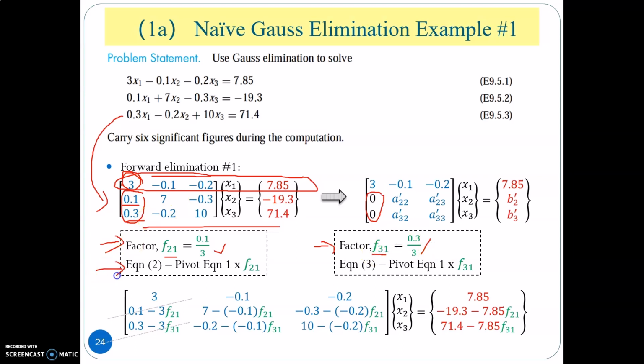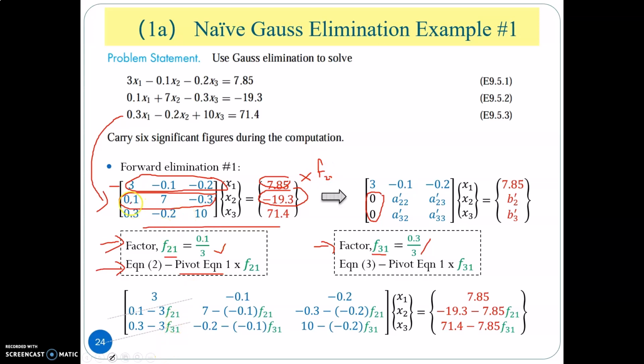So we can take the second equation, which is this component, minus the pivot equation 1, which is this component, multiplied with the factor F21.